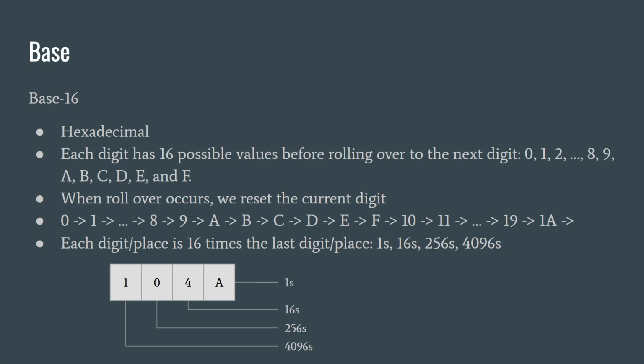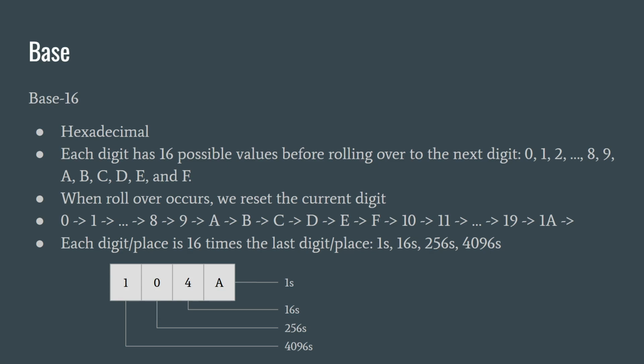And this is a little bit more difficult to understand, but all the same rules apply. Just like we saw the transition from base 10 to base 2, the same rules apply from base 10 to base 16 or base 2 to base 16. In hexadecimal, each digit can have 16 possible values before rolling over to the next digit.